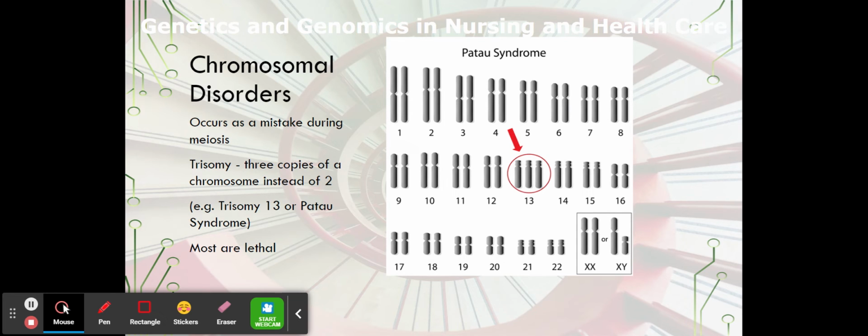Trisomies 13 and 18 almost always result in either a miscarriage or a stillbirth or death in infancy. Most of them don't make it past the first year. There are isolated case reports of people living longer, and we'll talk about that maybe when we talk about mosaicism. But let's kind of get through.